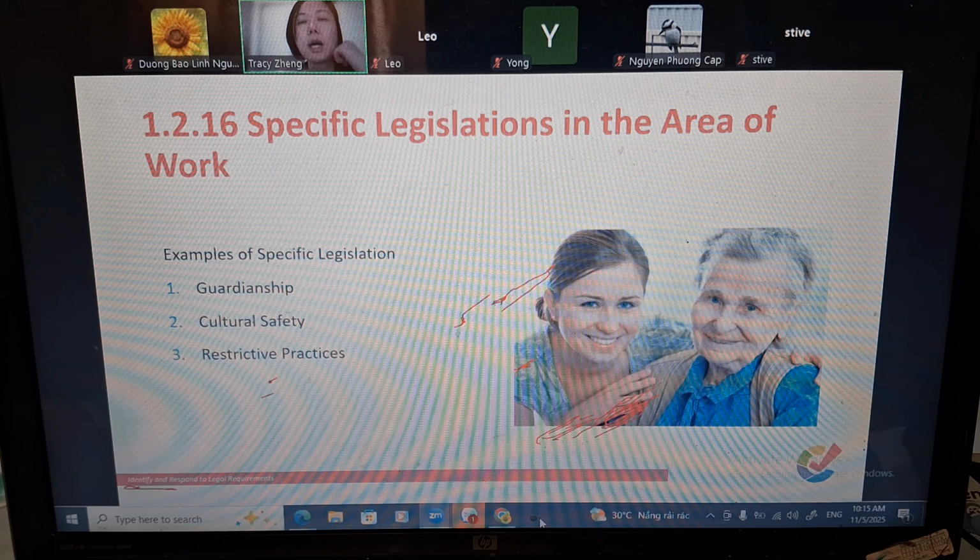Those we call cultural safety. So for the clients, we need to create an environment where your clients feel safe to express their culture and practice their customs. And in terms of our colleagues in the workplace, we definitely need to have no racism and no discrimination, right? That's about cultural safety in our workplace.